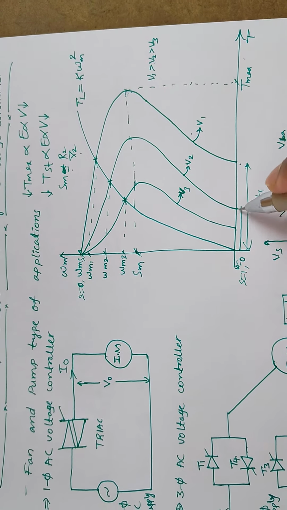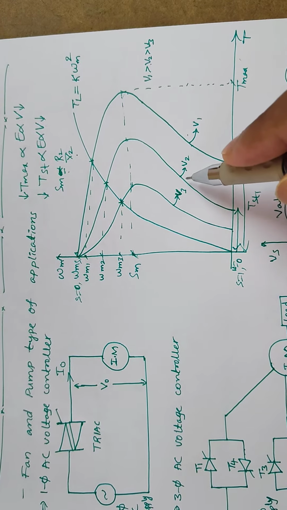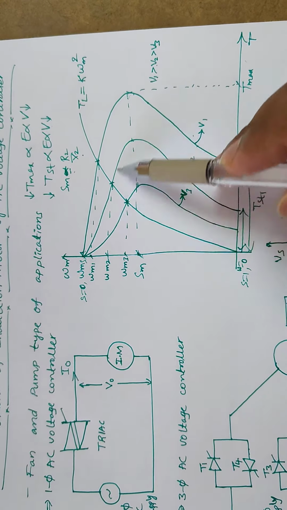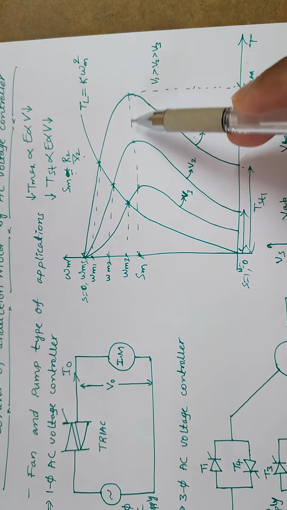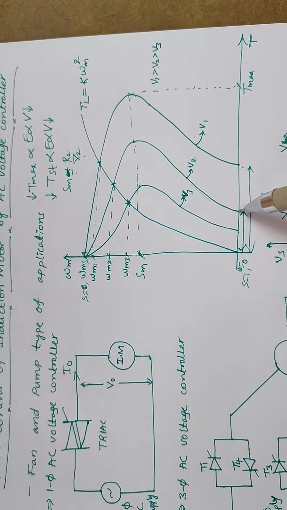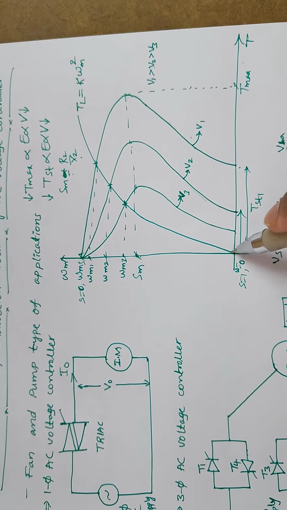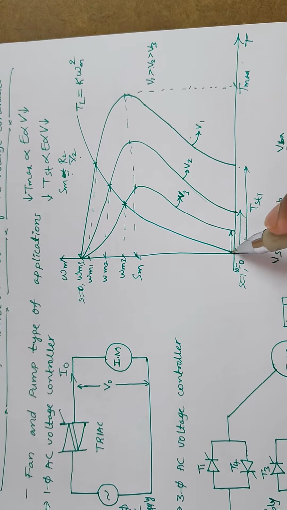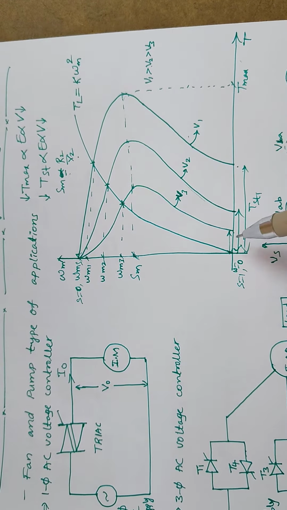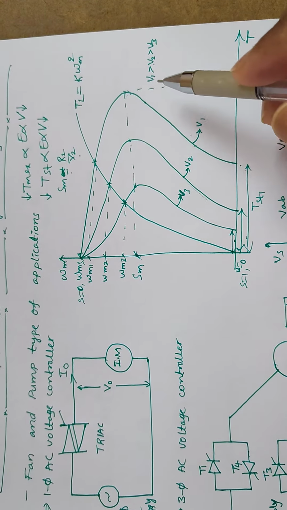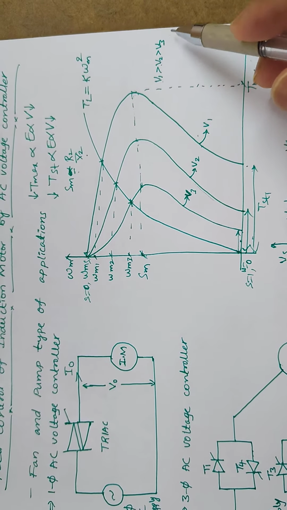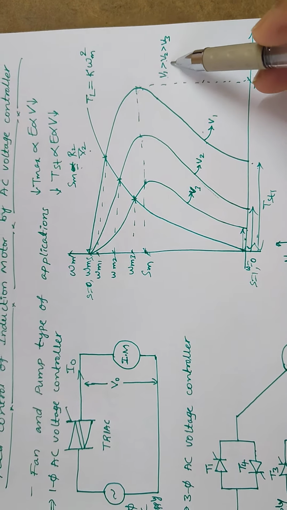When you decrease the supply voltage to V2, the corresponding characteristics shift downward with reduced maximum torque and reduced starting torque. Further it reduces to even lower maximum torque and starting torque. How can we reduce the voltage?